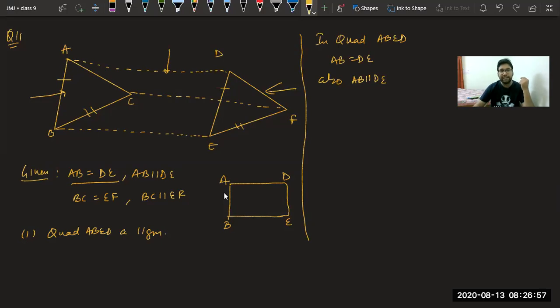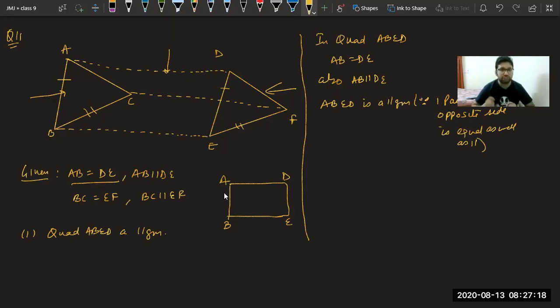So we can say ABED is a parallelogram because one pair of opposite side is equal as well as parallel. With that, we have done the first part.